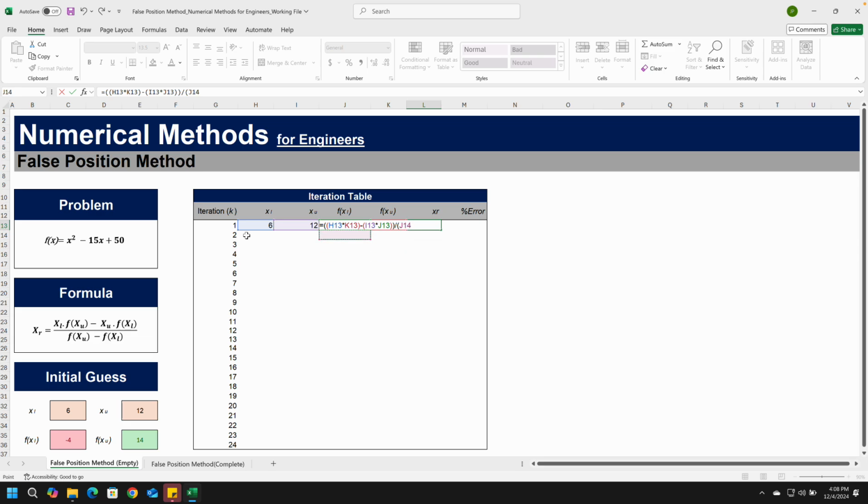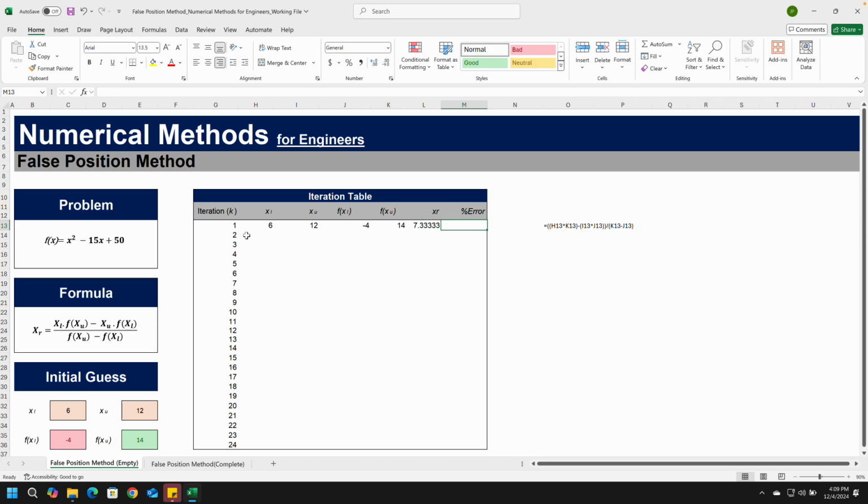I'm still highlighting the cells, but just follow through. So f of xu is right here. Okay, f of xu minus f of xl, which is right here, like this. Okay, press enter, and we get the following, 7.333. If this is a bit unclear, let me just put the formula for you here, like this, if you want to follow.